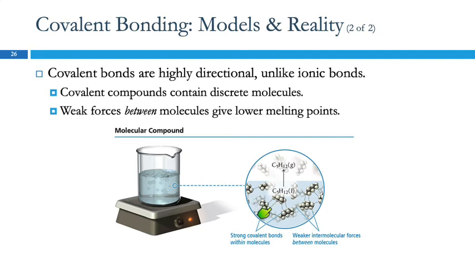Those are very weak forces. And as a result, pentane has a very low boiling point, and it will go into the gas state. These molecules, because they're not tightly held by the other molecules, are free to literally float away. So we have weak forces between the molecules, and that gives molecular compounds, covalent compounds, lower melting and boiling points than ionic compounds.